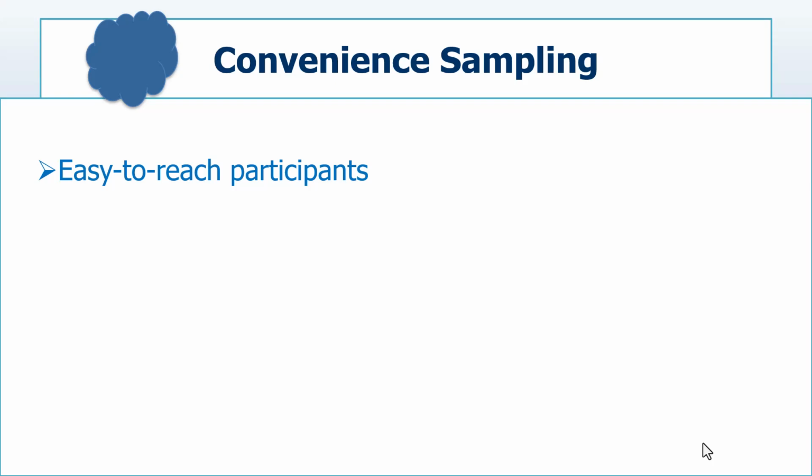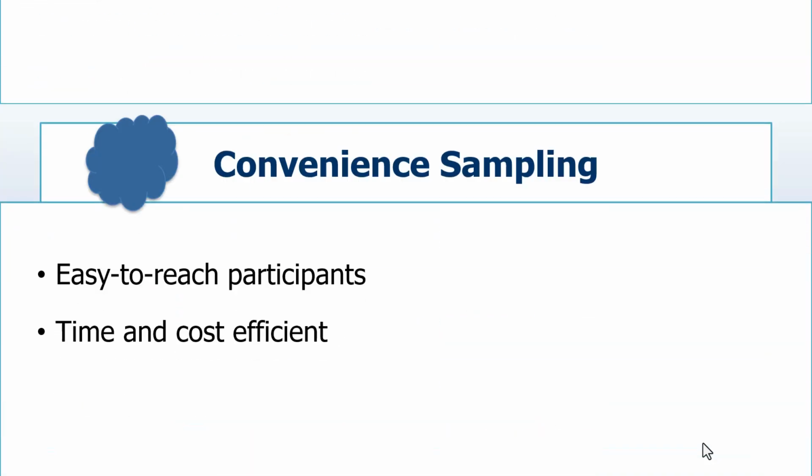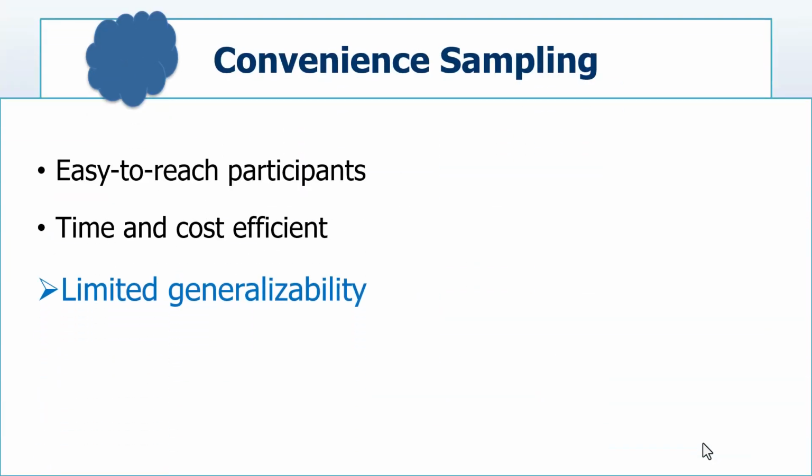Got it. So what about quota sampling? I've heard that one used a lot in market research. Oh yeah, quota sampling, it's a bit more structured than convenience sampling. Here, researchers are aiming to include a specific number of participants from different subgroups within the population. Okay, so like they might set quotas based on age, gender, ethnicity.